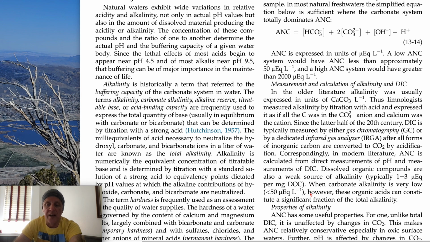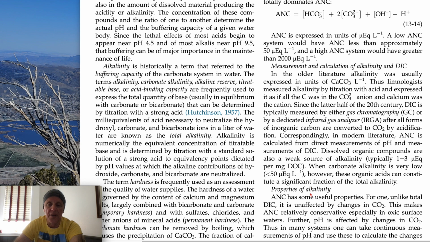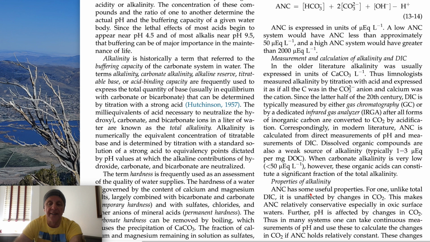Measurement and calculation of alkalinity and DIC. In the older literature, alkalinity was usually expressed in units of calcium carbonate per liter. Thus, limnologists measured alkalinity by titration with acid and expressed it as if all the carbon was in the carbonate anion and calcium was the cation.